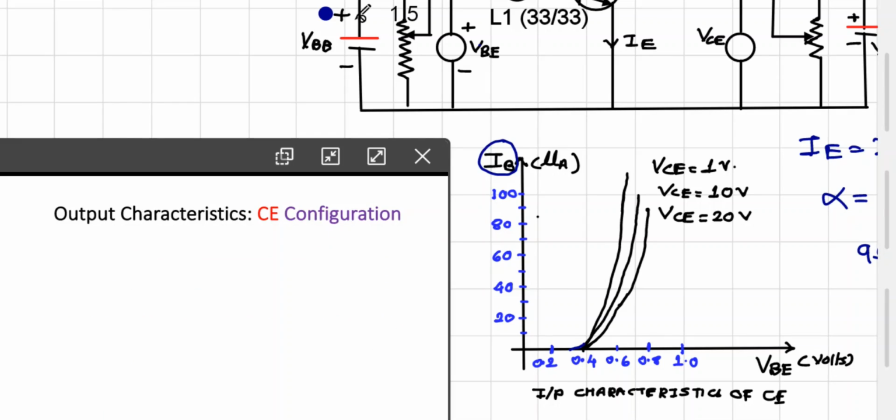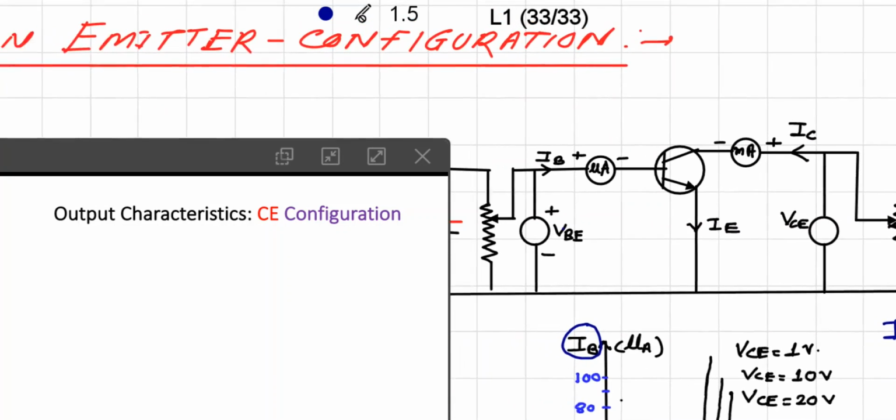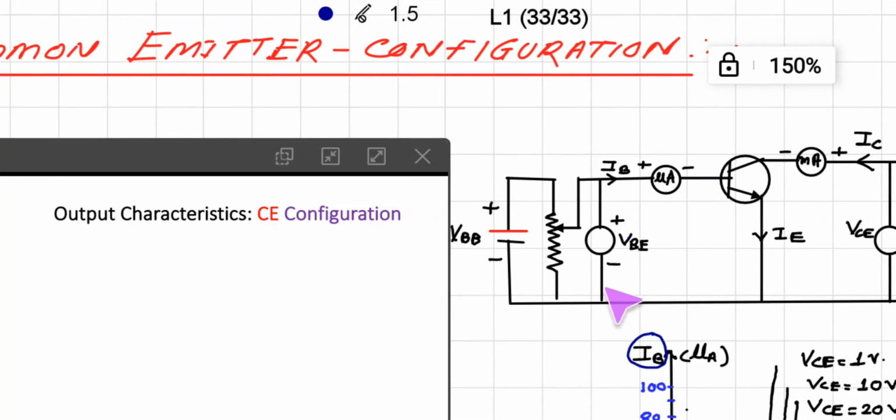So now let us consider output characteristics of common emitter configuration. On the output side, the current flowing is IC, and the voltage between emitter and collector is VCE. So we are going to plot the graph of IC versus VCE, but note that at that time the input side current IB will be constant.